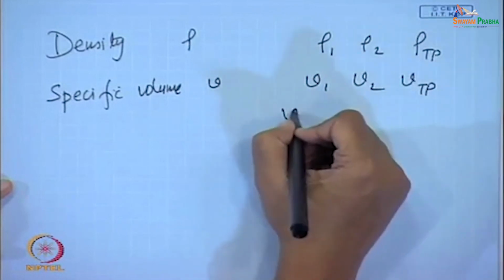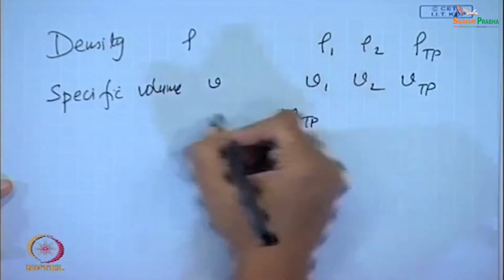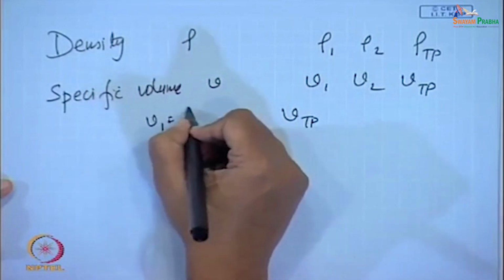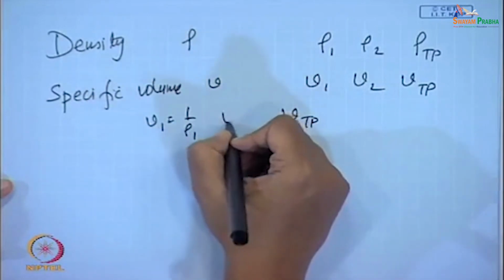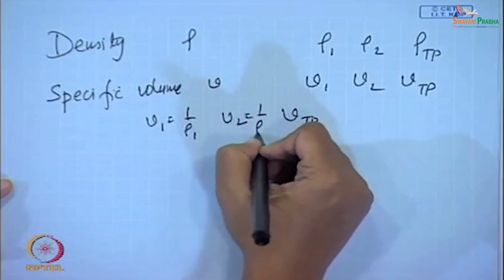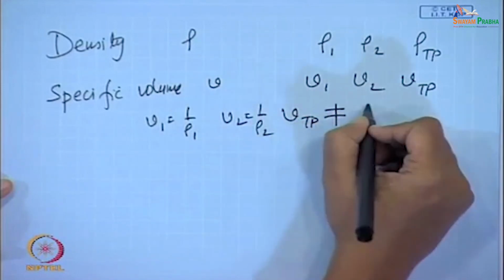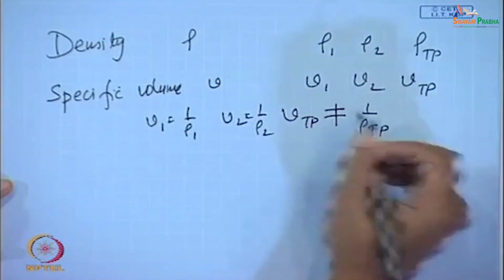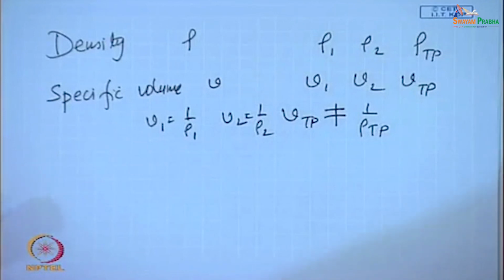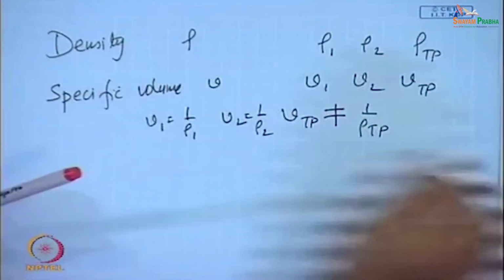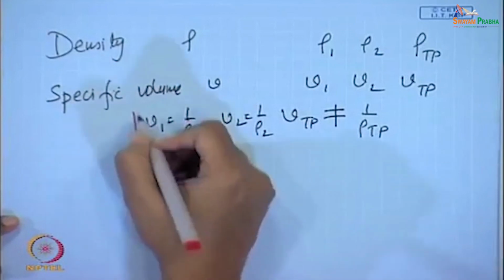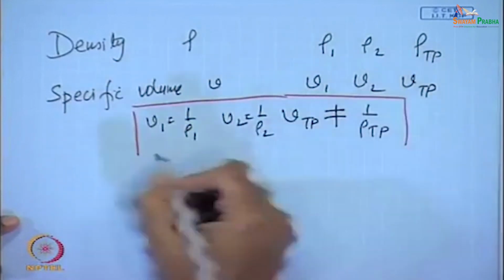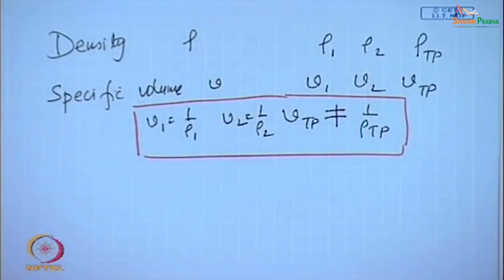And remember one thing which we have already discussed, that V1 equals 1 by rho 1, V2 equals 1 by rho 2, but VTP is not equal to 1 by rho TP. Please remember this, this is something very, very important. We have already discussed it, I think, in the introduction class, isn't it?